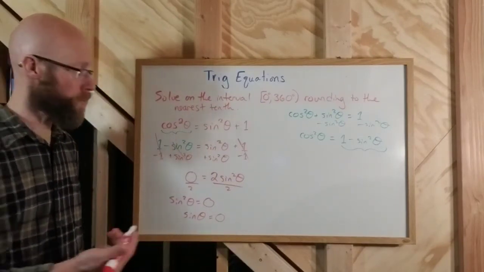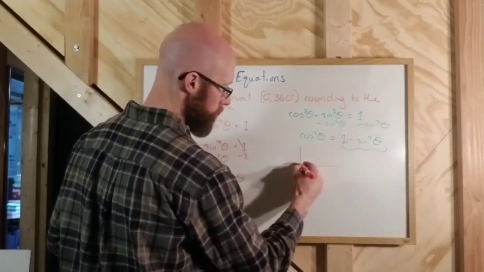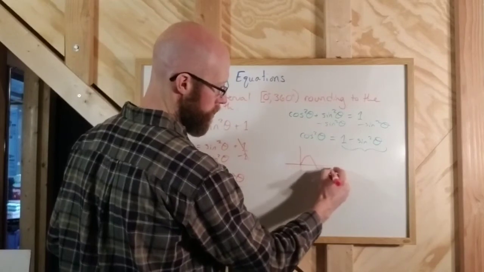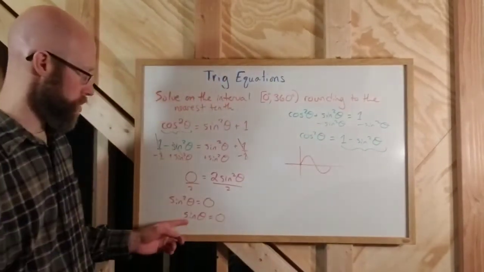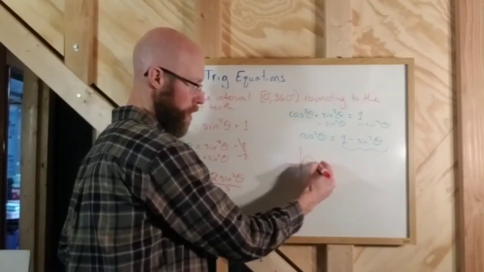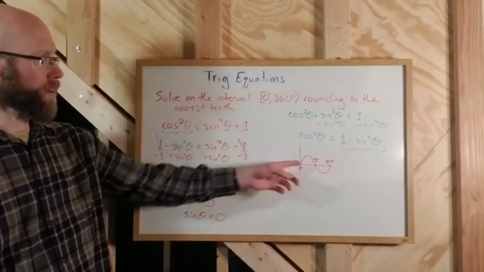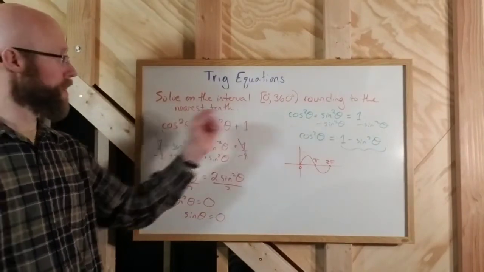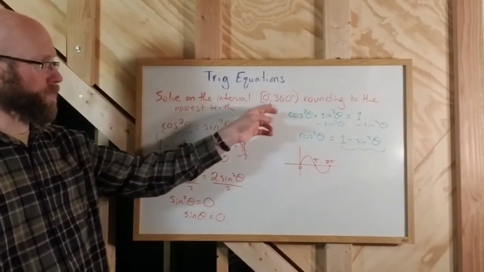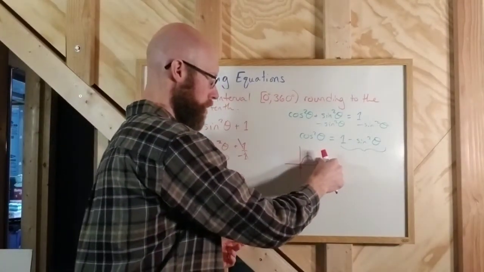Okay. Well, remember sine starts at the origin, starts at 0, goes up, down, back up. And so when it hits 0, it would be at 0, at pi, and at 2 pi. Or we're working in degrees, aren't we here? I want to solve this on the interval from 0 to 360, rounding to the nearest tenth. So I don't want pi and 2 pi.